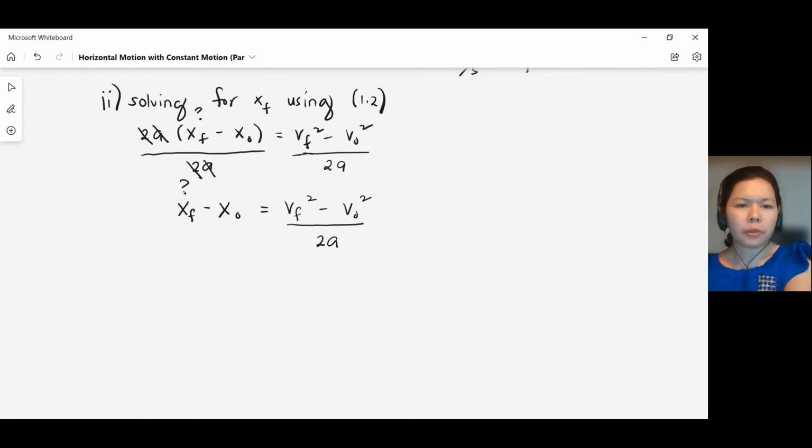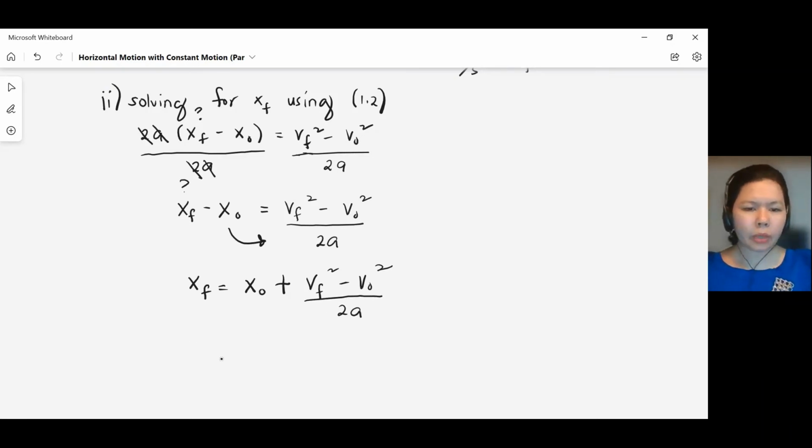We only want xf, so we transfer x naught to the right. That's negative x naught. It becomes positive x naught plus, copy the rest of the term, vf squared minus vo squared over 2a. And we now substitute the values, the given.